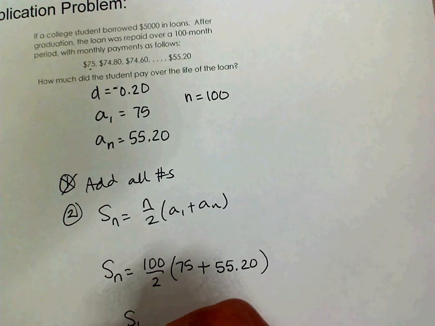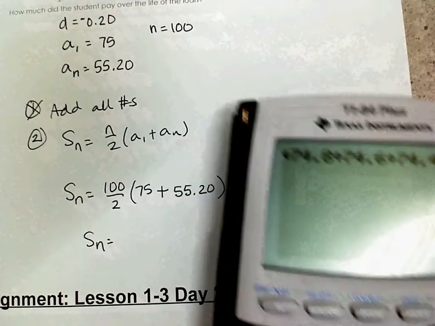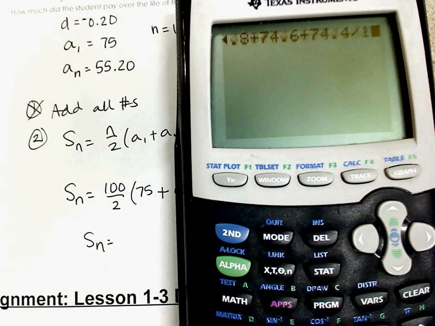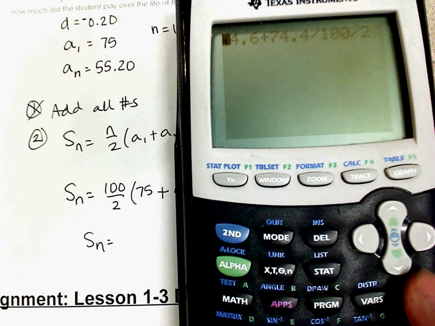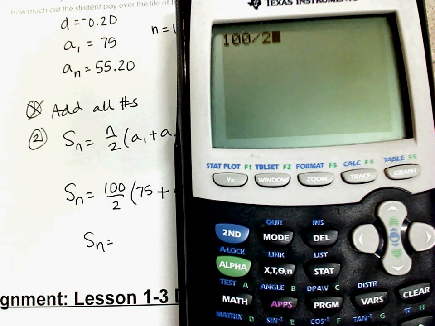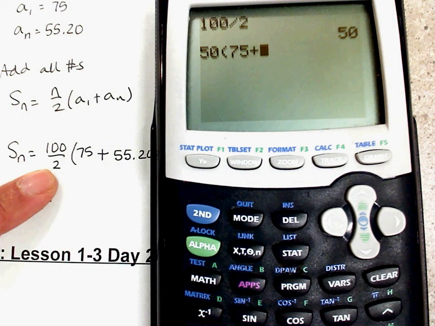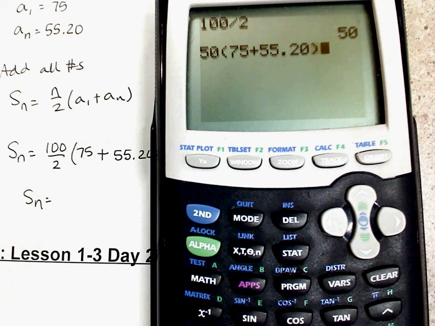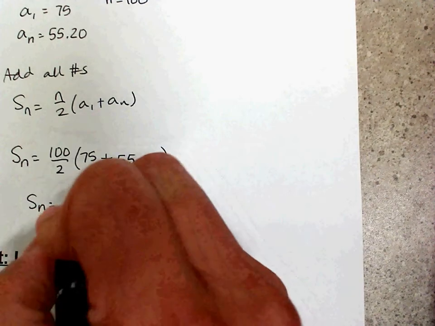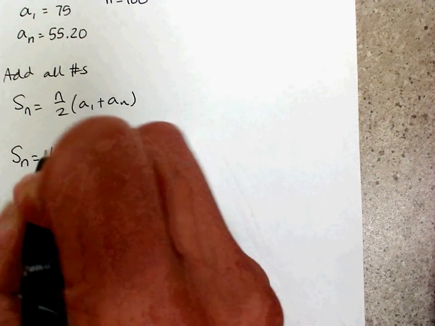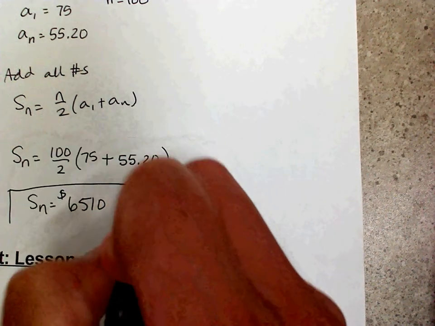So that formula I can use. 100 divided by 2, so 50 parentheses, 75 plus 55.2. So for the value of the loan, $6,510. Okay, so I could do that method.